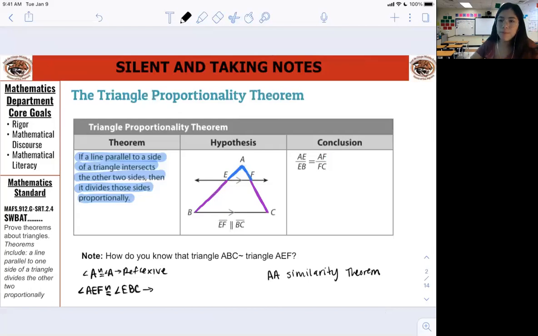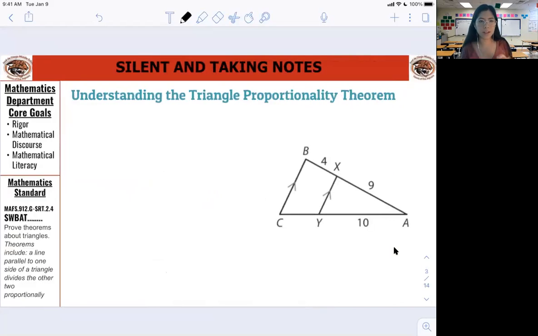Because there is a transversal and the little parallel line makes them corresponding angles. Good. So we have a transversal, and so those two are corresponding angles. And just with that, we have enough information to have a similarity.